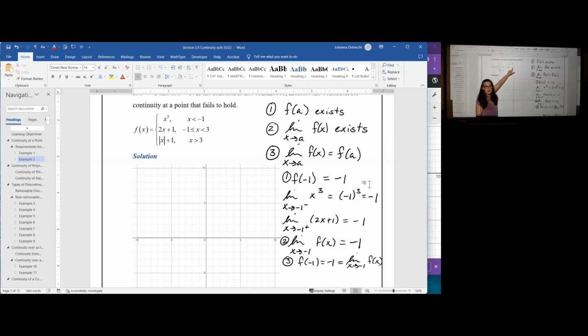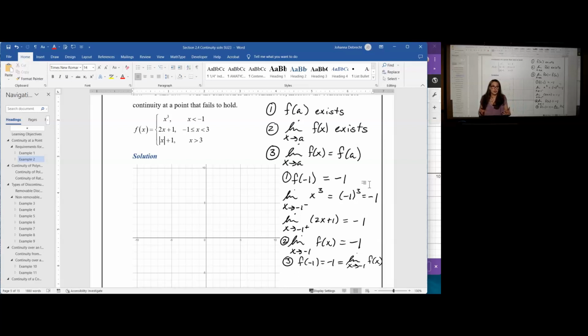The middle one does not include 3, and the lower one does not include 3. That tells me right there that f of 3 does not exist. If f of 3 does not exist, then it can't be equal to the two-sided limit, even if it does exist. So it automatically fails rule 1 and 3.